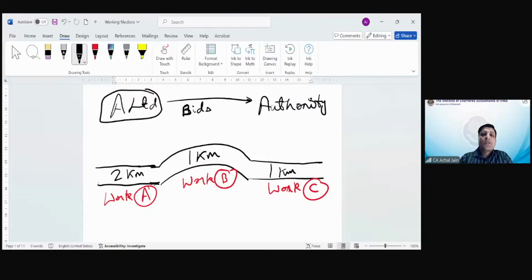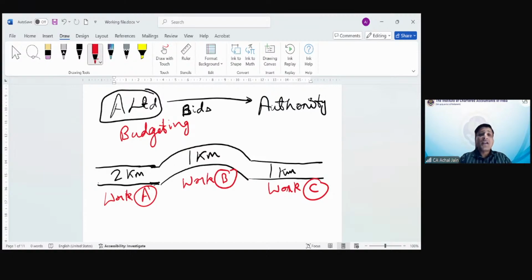Therefore, the budgeting in respect of all of these works has been done by A Limited in a combined manner. Combined manner means they have gone through their costing and all of those workings considering that all of these works will be awarded.